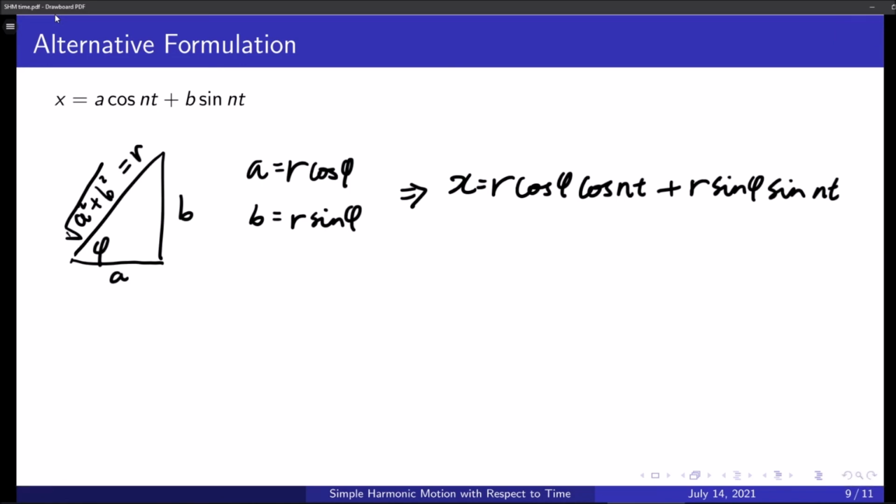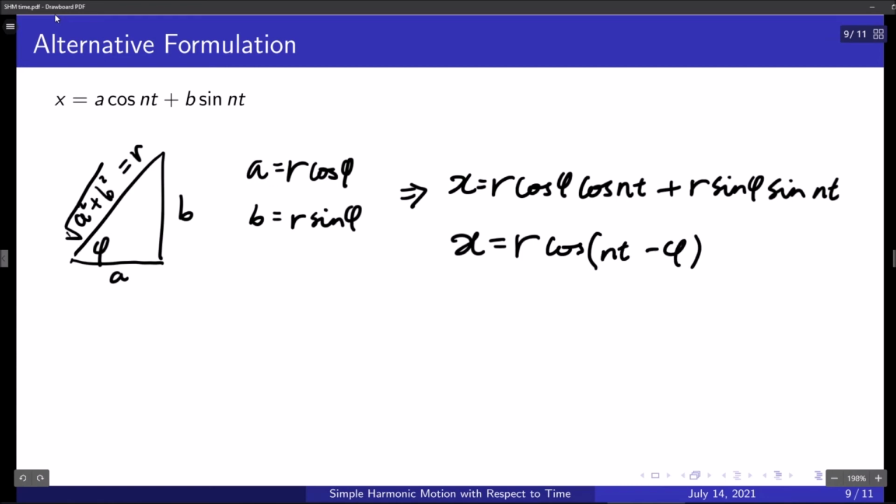Remember your trig identity, the product to sum identities, doesn't matter. We can just rewrite it as R cosine (nt minus phi).